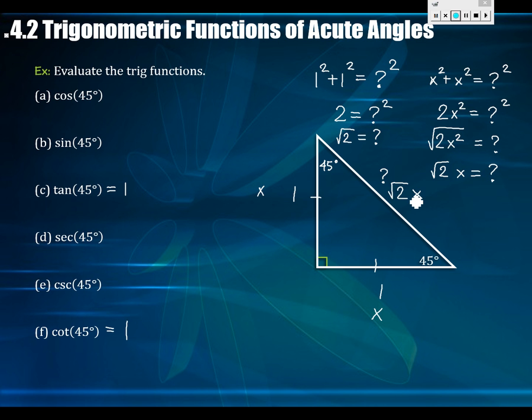What is it, Angela? What's the cosine of 45 degrees? Yeah, it's 1 over root 2. 1 divided by root 2, which, notice, if you use Piper's method, you get 1 divided by root 2. And if you use our method with the x's, you get x over root 2 times x, which is still the same thing.